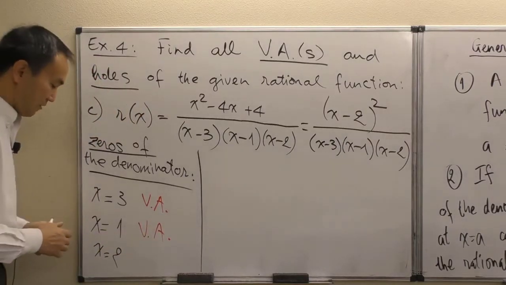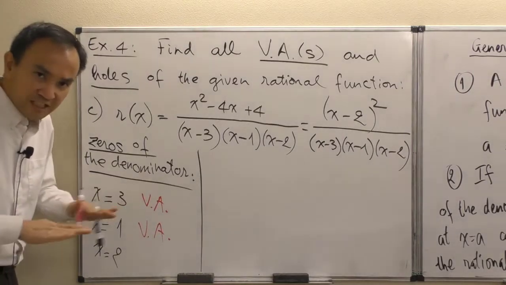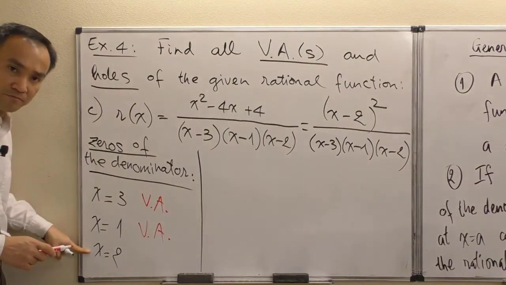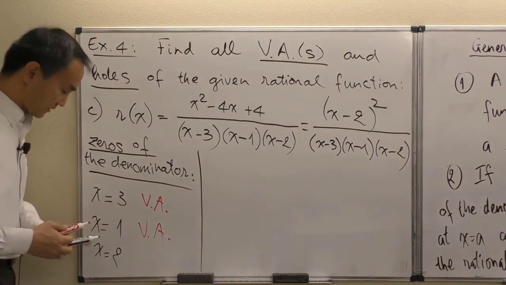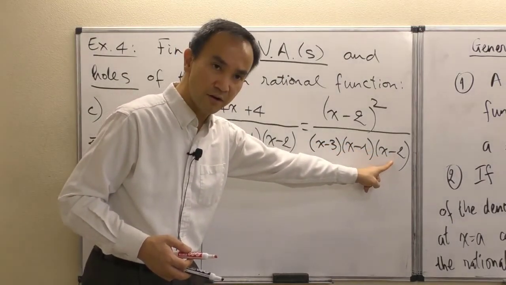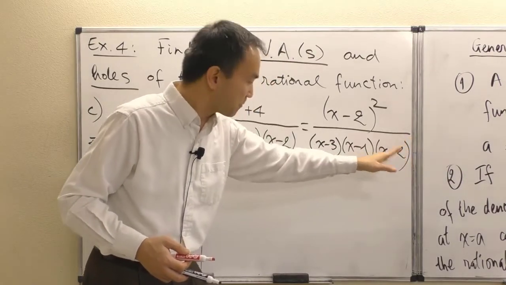Now we're done with that zero at x equals 1, and naturally I already start picking up pace. Then x equals 2. At that zero, the factor in our denominator corresponding to it is the x minus 2. Now with its multiplicity in the denominator being 1, let's find out.